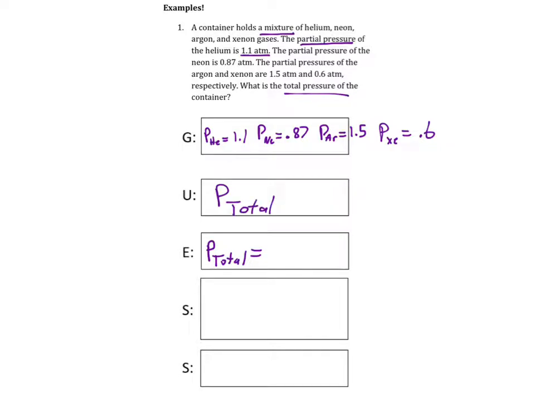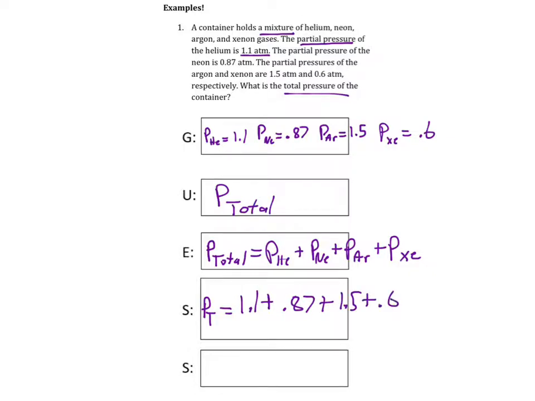Well, again, the total pressure is equal to the partial pressure of the helium plus the partial pressure of the neon plus the partial pressure of the argon plus the partial pressure of the xenon. You just add them together and you get the total. So substitute: the total is equal to 1.1 plus 0.87 plus 1.5 plus 0.6.